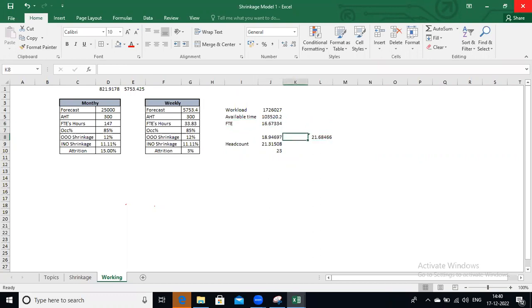One question from my end actually. How can I calculate FTE interval wise? Like we need to calculate FTE for the next 30 minutes, for the next 15 minutes. How can I calculate that? First of all, you will have to get the value; I've taken the FTE hours for a week, that is 33.